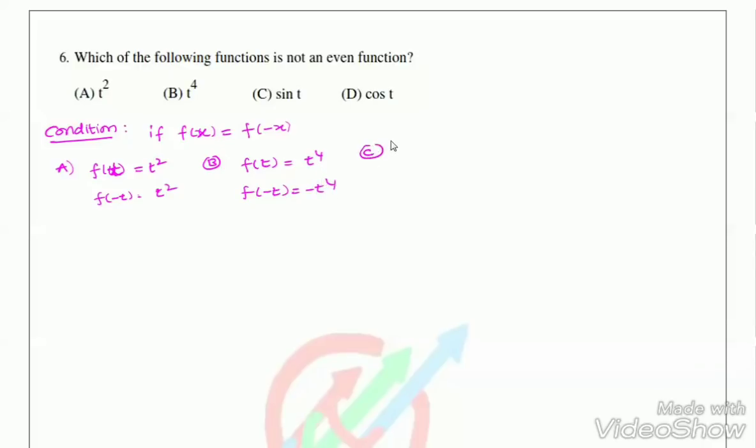Option C, f of t is equal to sine t. F of minus t is equal to minus sine t. So this is the correct option. And let's check with D also. F of t is equal to cos t. F of minus t is equal to cos t only. So in the given options, C is not an even function.